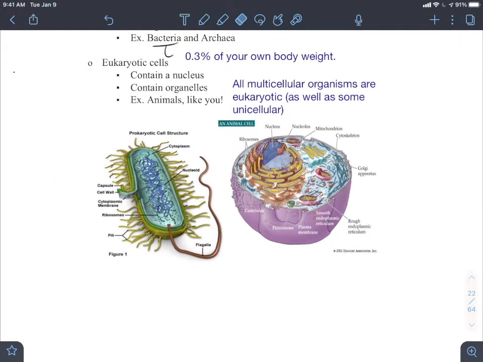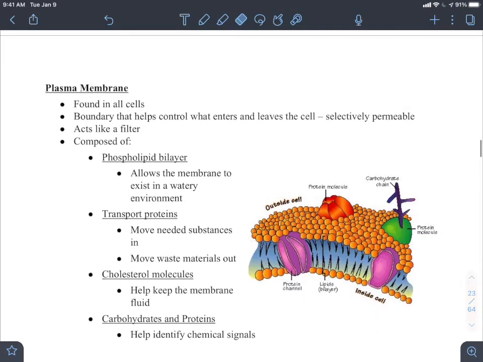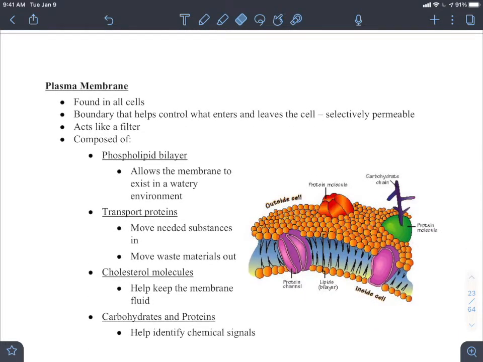You need to be able to walk yourself around a cell as we go. We're going to go through each of the organelles one by one. Feel free to check out other videos on the web with better animated versions of this discussion, and I will definitely link some in our classroom.